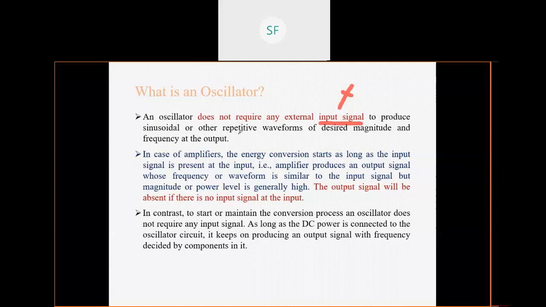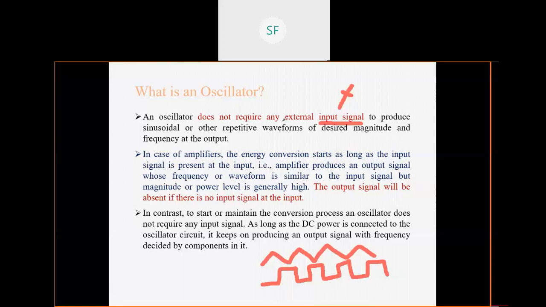That means triangular waveform. Triangular waveform will look like this. Okay. Then there is square wave. So these are different waveforms. In general, these three waveforms are used: square, triangular, and sinusoidal. Okay.